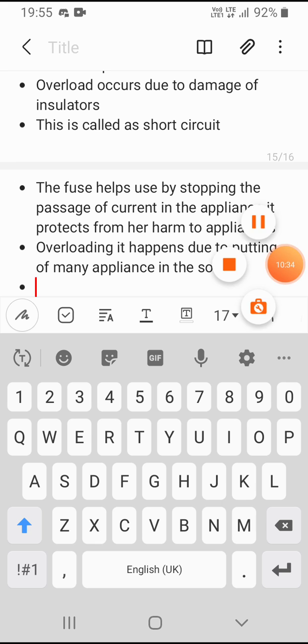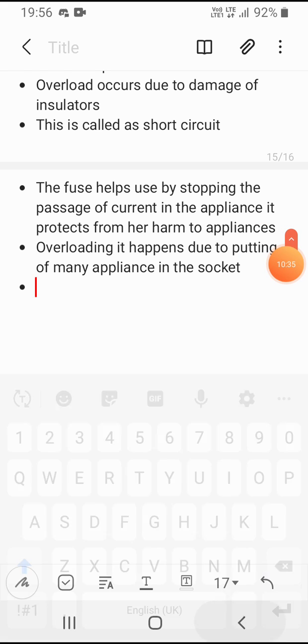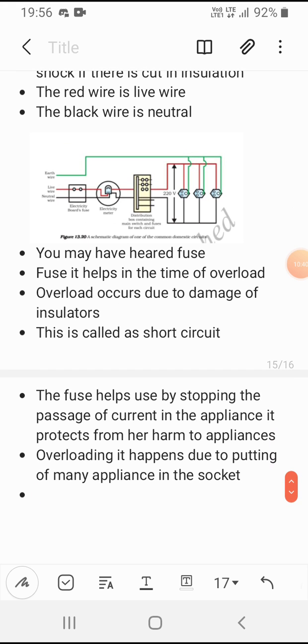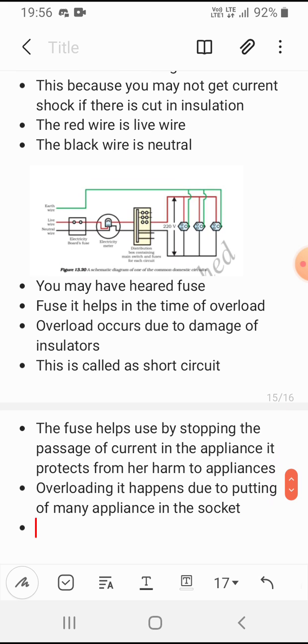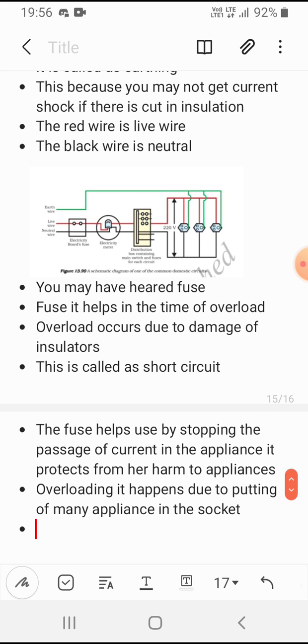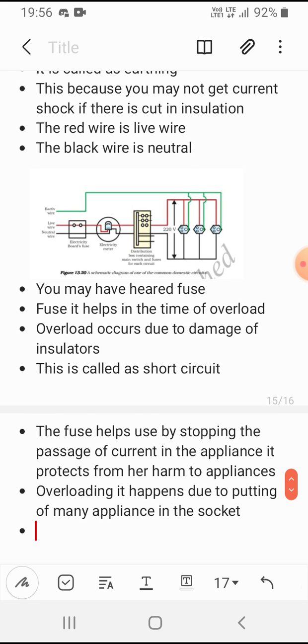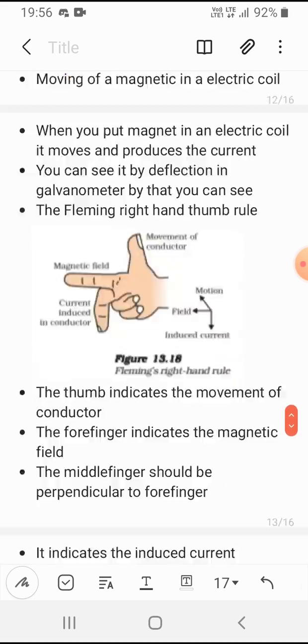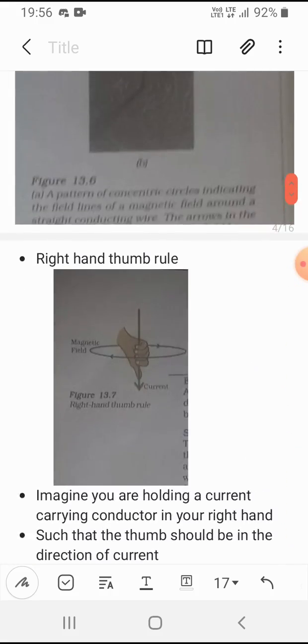At that time it may get overloaded, and the current will not pass correctly, because you have put 5 or 6 appliances. How much can it give? Only 2 or 3. If you put more, it will get overloaded. So that's why we should not do overloading.